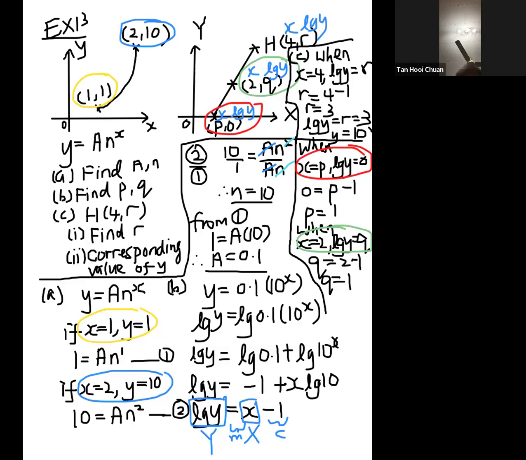Of course, y equal to 10 power 3, 1000. Log y is 3, you roll the base over there, y equal to 10 power 3. Are these the corresponding y value? Any questions?